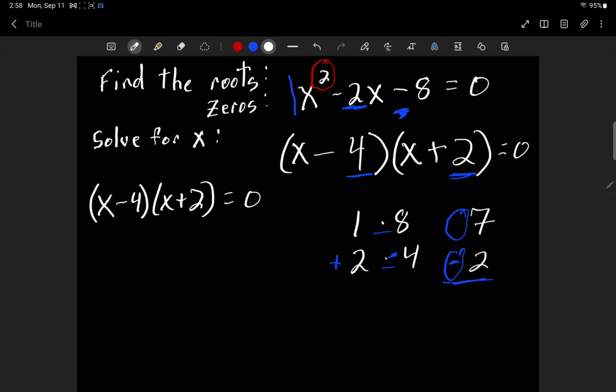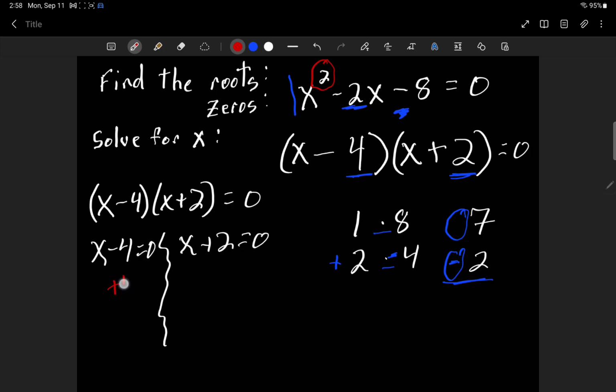Well, that means either x minus 4 equals 0 or x plus 2 equals 0, because the only way to multiply two things together and get 0 is that one of them is 0. So I'm going to do two problems: x minus 4 equals 0 and x plus 2 equals 0.